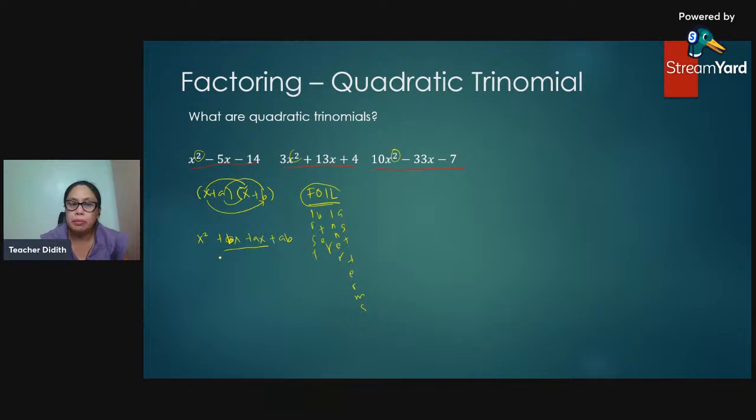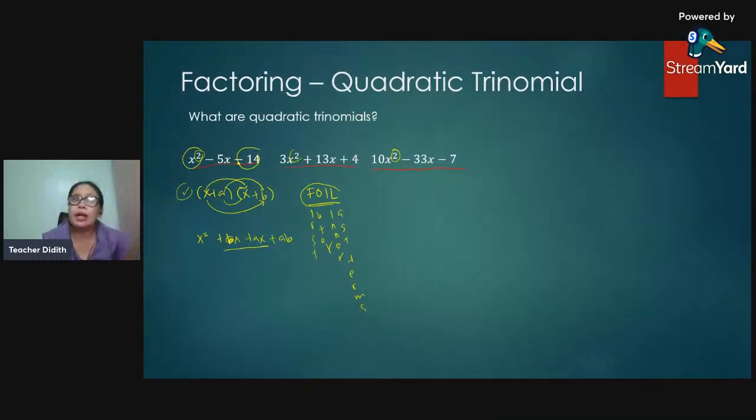So we have the reason why we recall FOIL, guys, and this is something to do with how we factor quadratic trinomial. Basically, what we're going to do is we identify the factors of the first and the last terms, and then we associate that with the middle term.